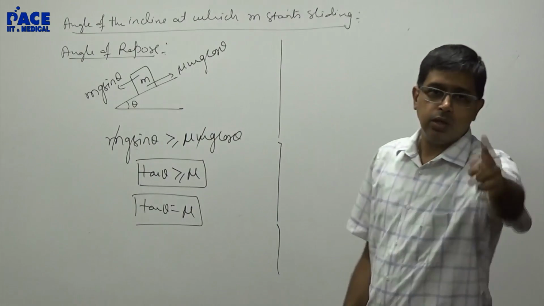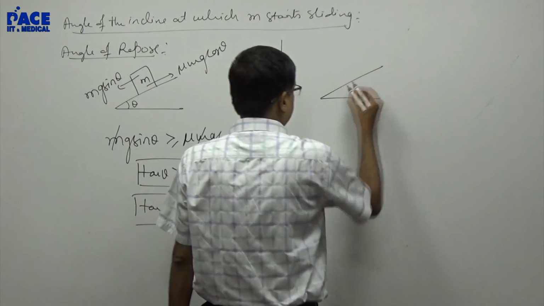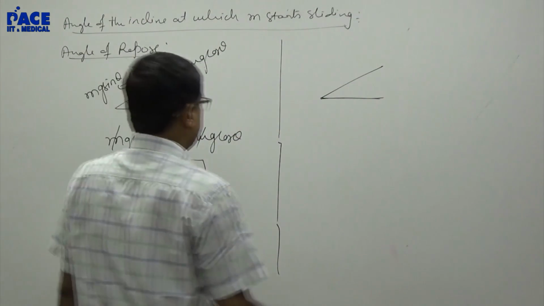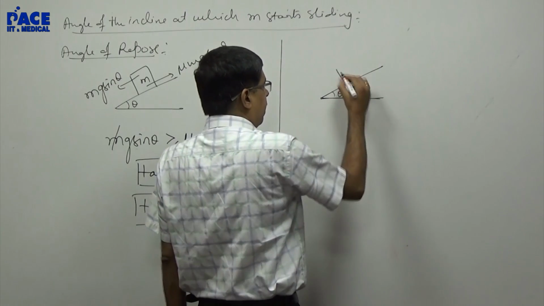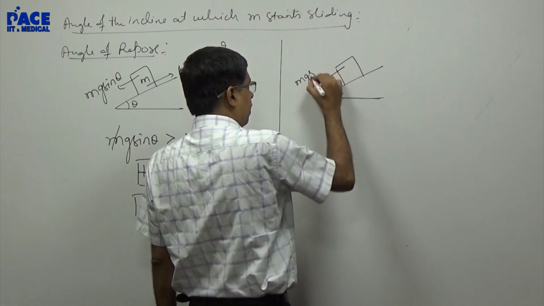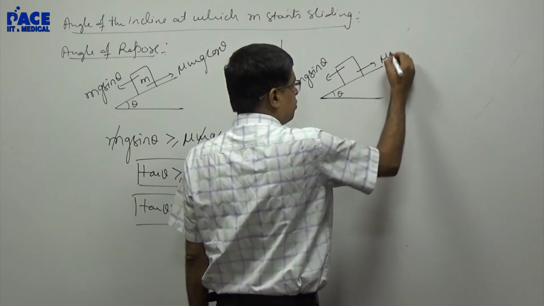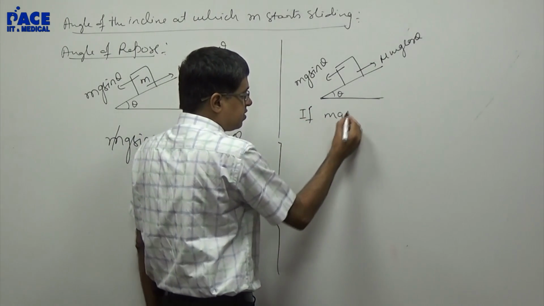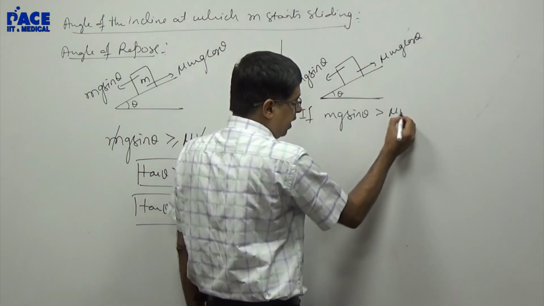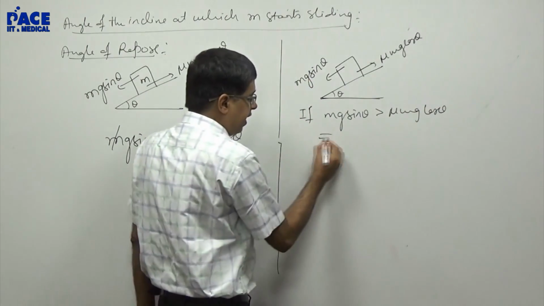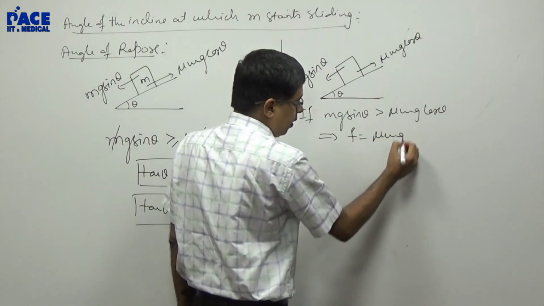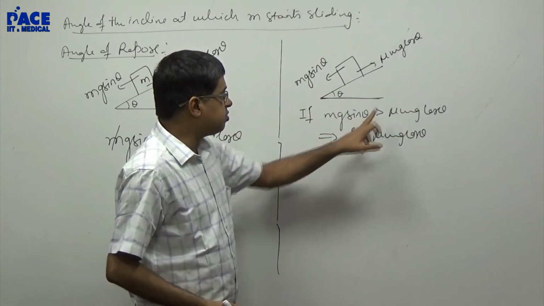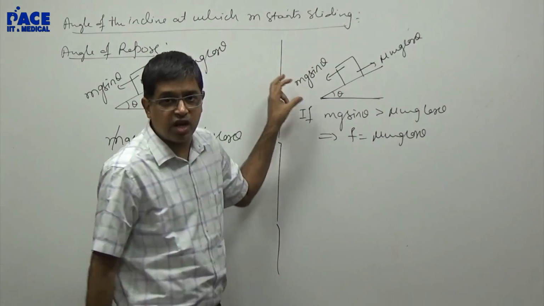Now once again pay attention here. I have taken one numerical example for them. If mg sin theta is greater than mu mg cos theta, then the frictional force acting is mu mg cos theta. Yes or no? If mg sin theta is greater than mu mg cos theta, the body is sliding.